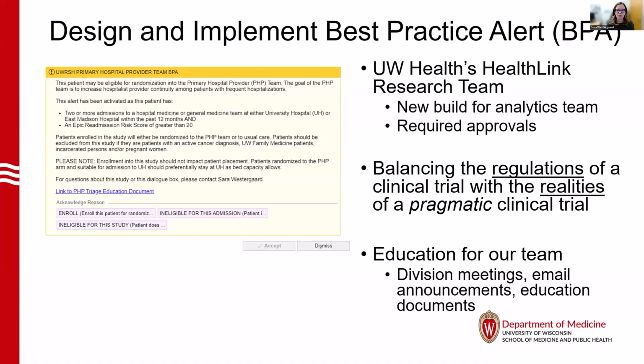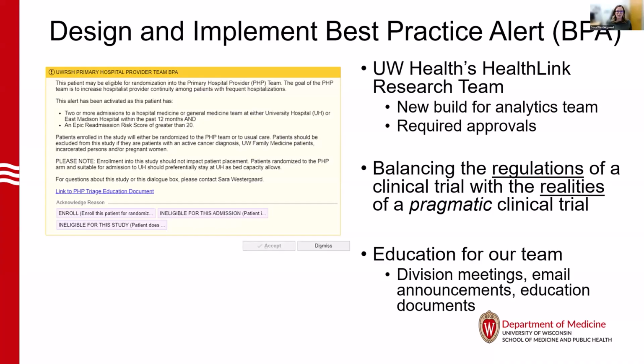And because it's user facing, there were multiple layers of approvals that this needed to go through in terms of clinical decision support. And so that ended up taking longer than anticipated.